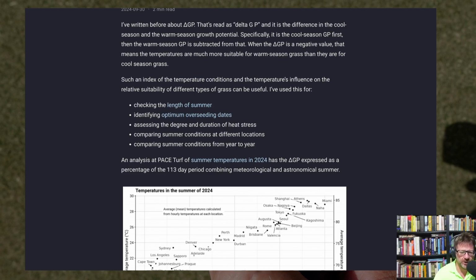And I've also done an analysis identifying a method for finding the optimum overseeding dates, when you might use perennial ryegrass or Poa trivialis, or maybe some festuca species, or maybe even a little bit of agrostis to overseed a warm season turf stand. I've used the Delta GP for identifying the length of summer, and I've used Delta GP for finding these optimum overseeding dates. I put direct links to those.